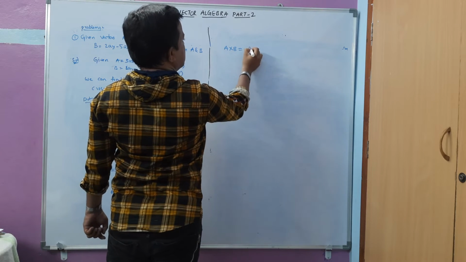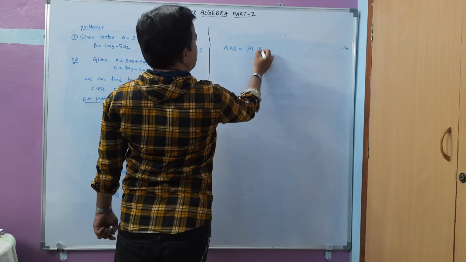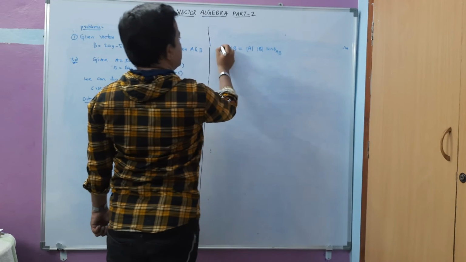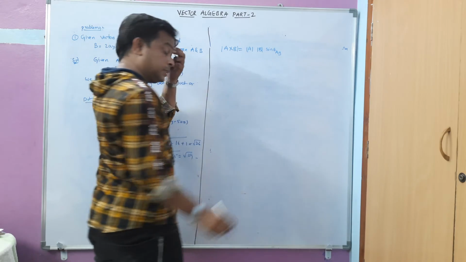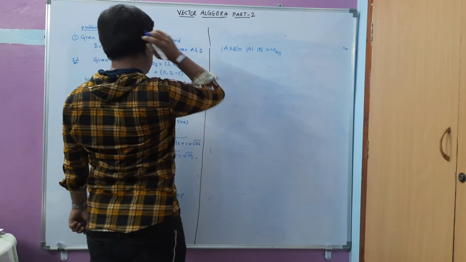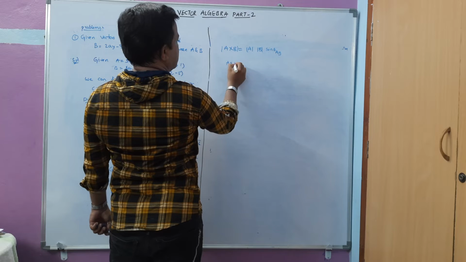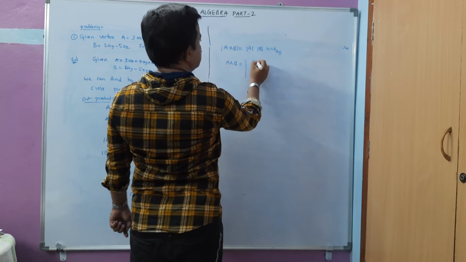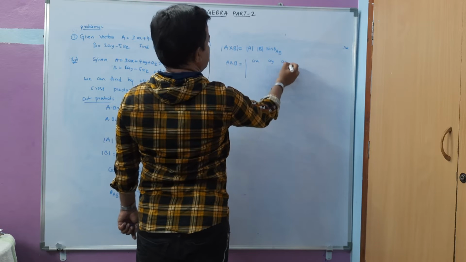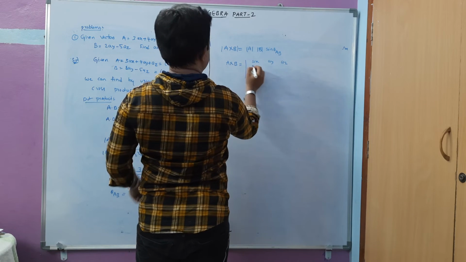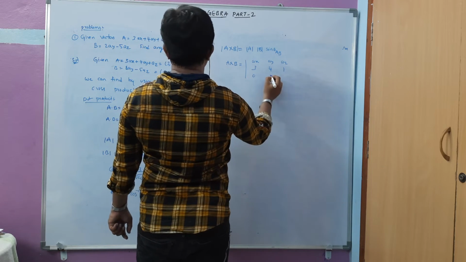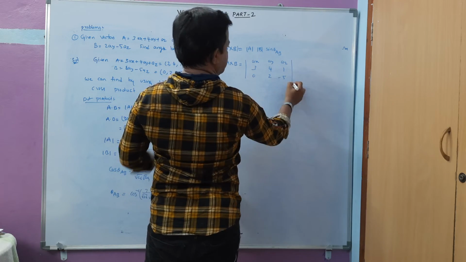Similarly, you can perform this by the cross product. A cross B is equal to, the formula is, mod A mod B sin theta of AB. So we have to take the magnitude here also. What is A cross B here? A cross B is given by the determinant of ax, ay, az; 3, 4, 1; and B is 0, 2, minus 5.